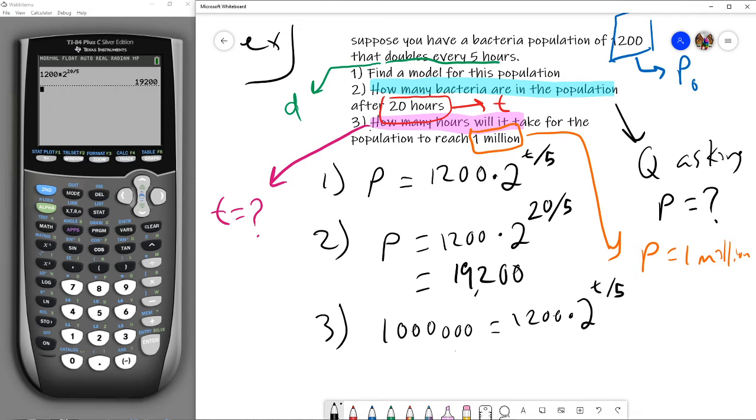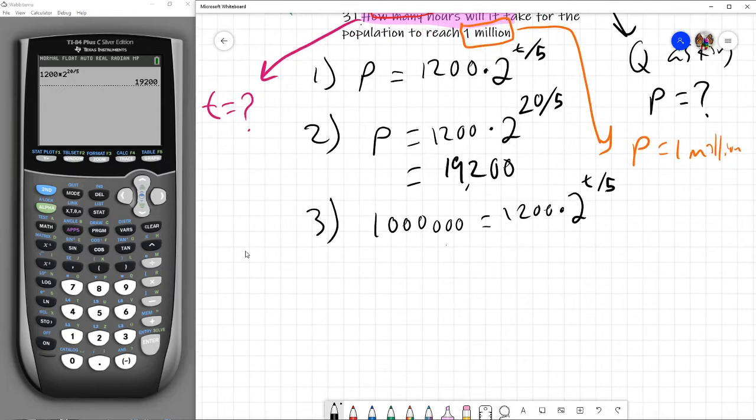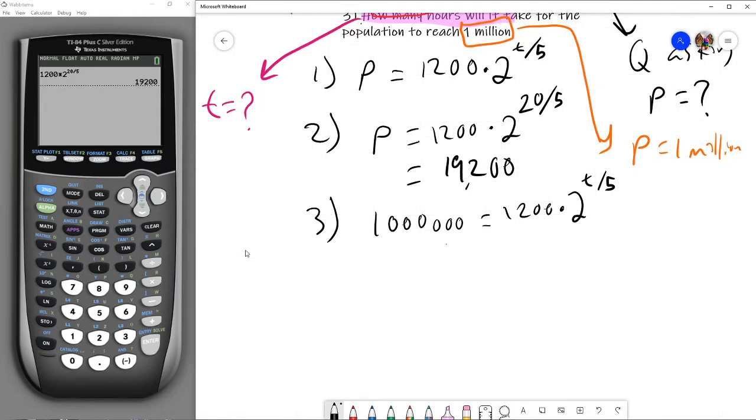Now this is just a nice exponential equation, and if we recall from our previous videos, our first step is to isolate the exponential. So our exponential is this term right here that I highlighted. We need to isolate that. So we'll divide the 1200 out.